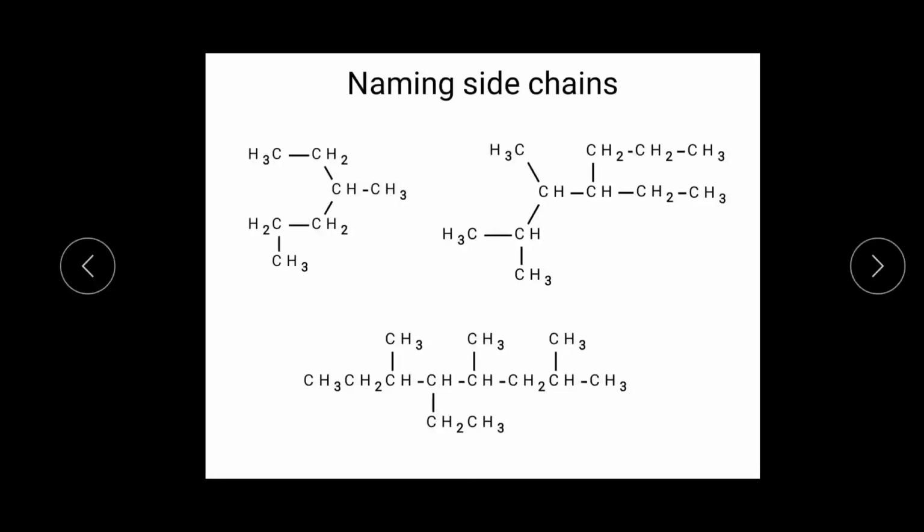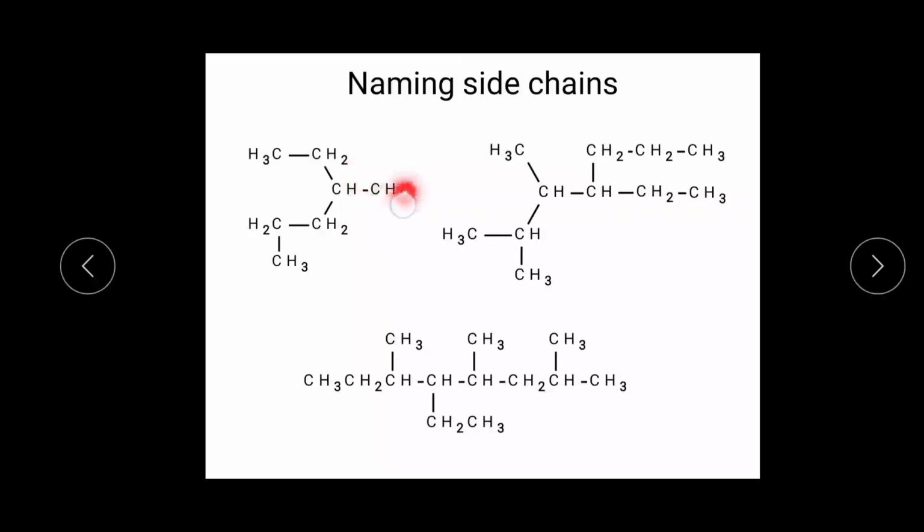We will begin at the top. This will be carbon 1. We will look now for the longest possible chain. This one: carbon 1, 2, 3, 4, 5, and 6.